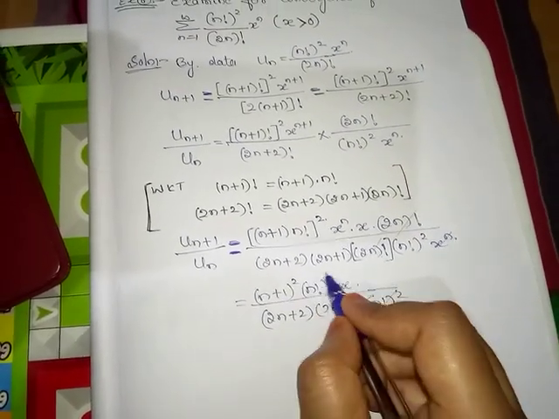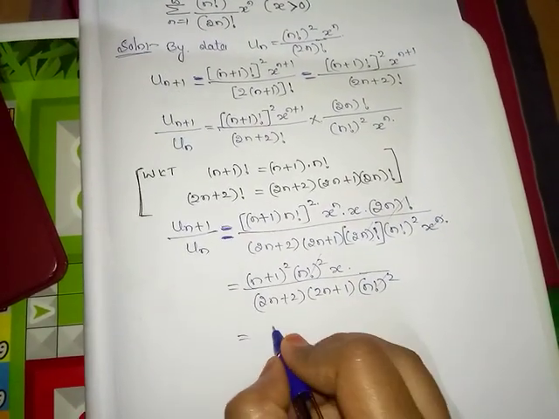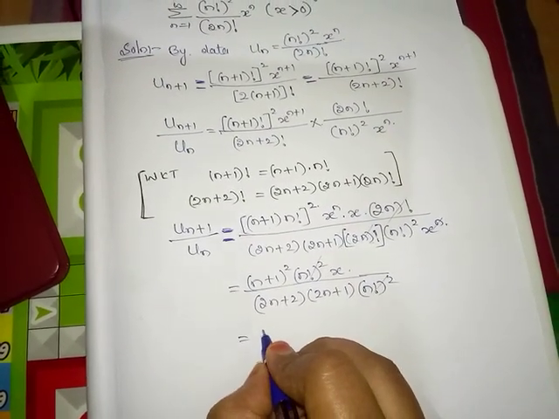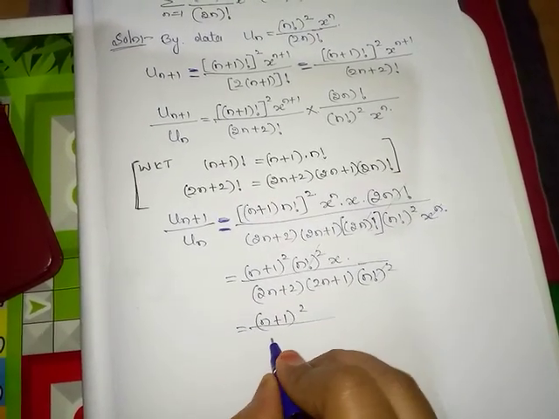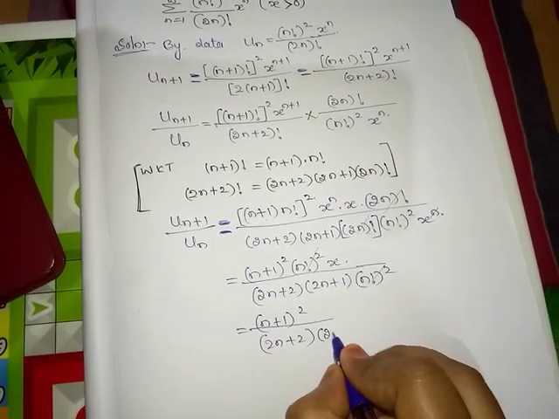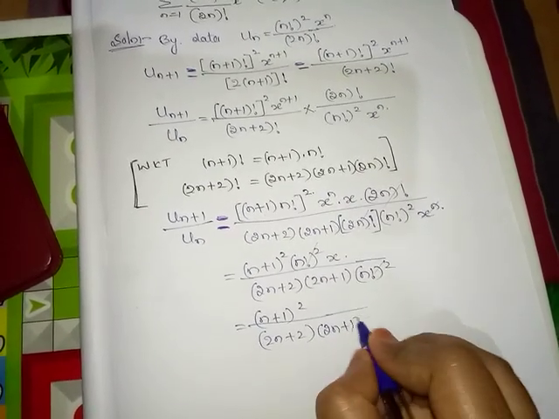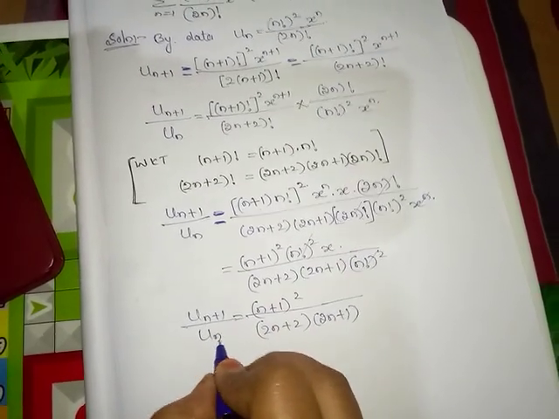Now this n factorial square cancels with this one. Our remaining un plus 1 divided by un is n plus 1 whole square divided by 2n plus 2, 2n plus 1.